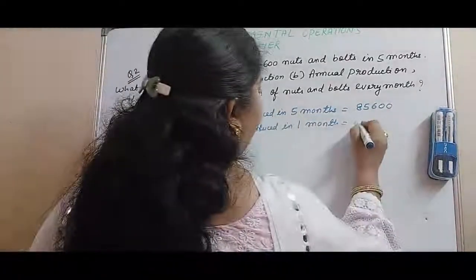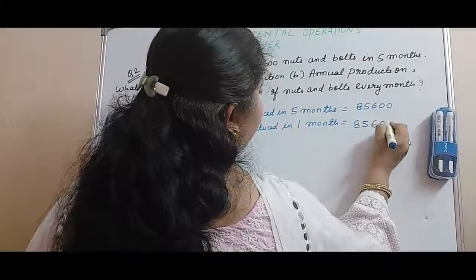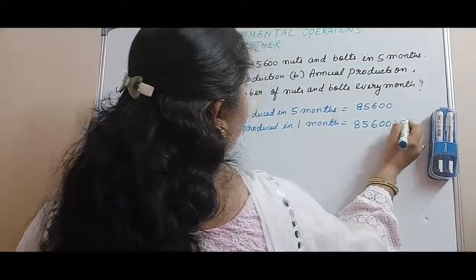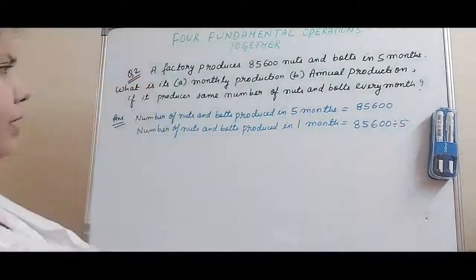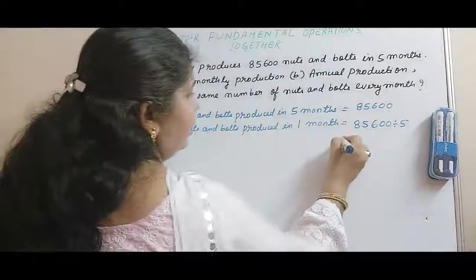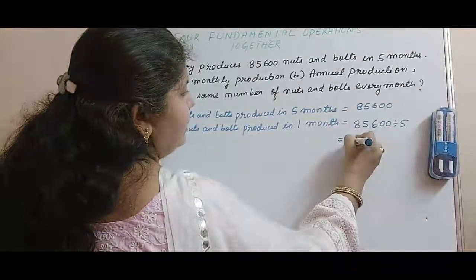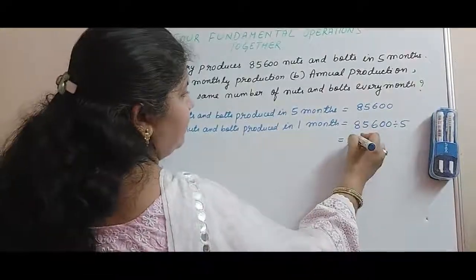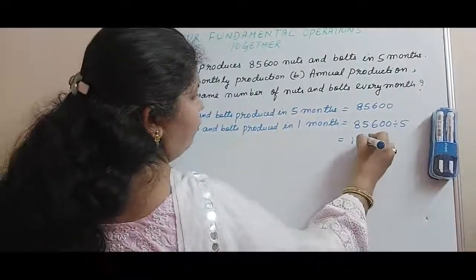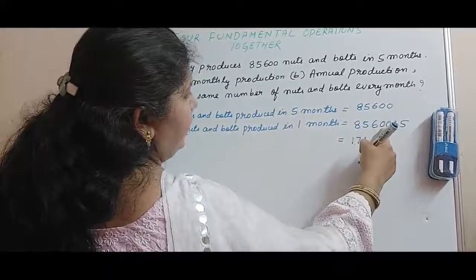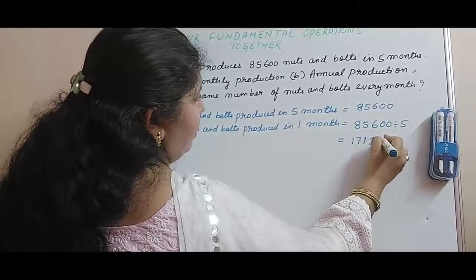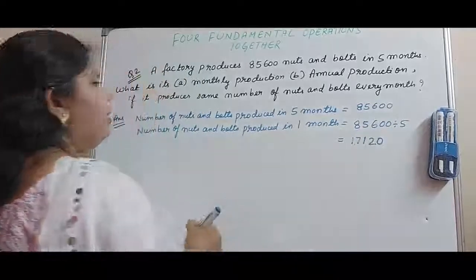So it will be 85600 divided by 5. So let us divide and write down the answer. We can use the short division process for this. 5 ones are 5, 35. 5 sevens are 35. 5 ones are 5, 10 it is. 5 twos are 10 and then 0. So we got how many?